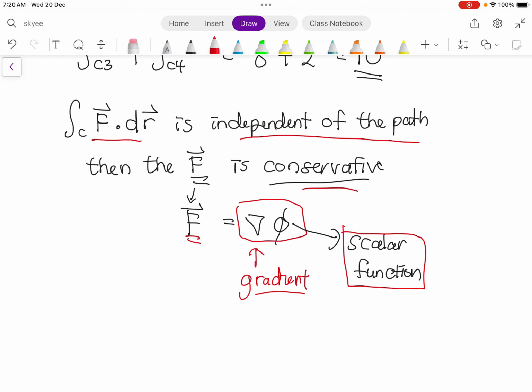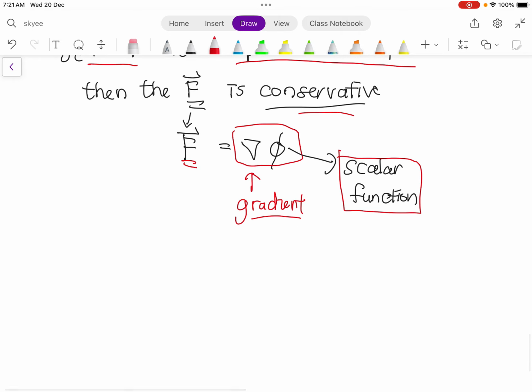When f, the vector field or force, is conservative, it means the curl of this vector field will be equal to 0.